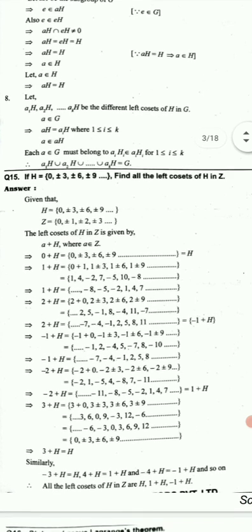Now 2 plus H means 2 plus 0, 2 plus or minus 3, 2 plus or minus 6, 2 plus or minus 9. We will get minus 7, minus 4, minus 1, 2, 5, 8, 11, so that means minus 1 plus H. Simply, minus 1 plus H equals minus 1, 2, minus 4, 5, and so on.